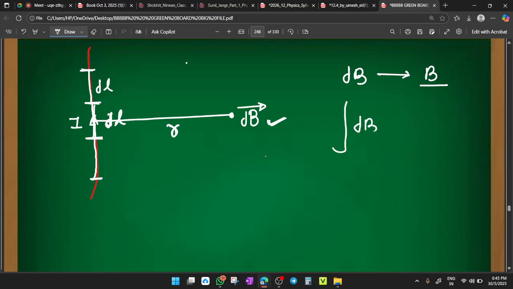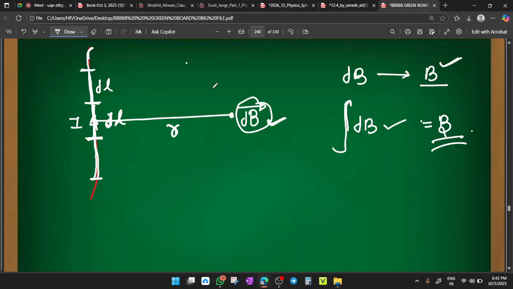Just integrate dB. Okay. So when there is a continuous distribution because of some element, and you have to find the total value, then you need to integrate the differential value or a small value over a period or over a length. Okay. And you will get the total magnetic field intensity.